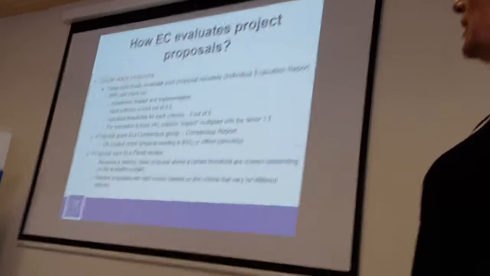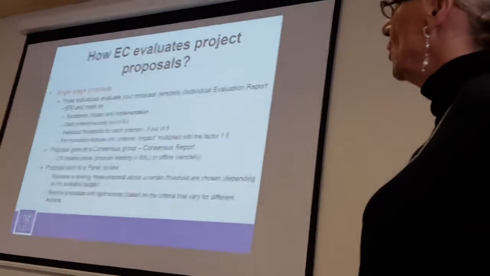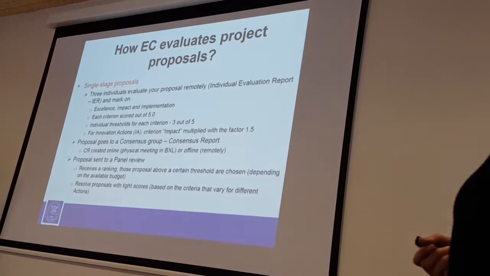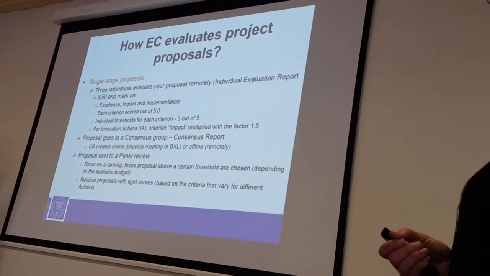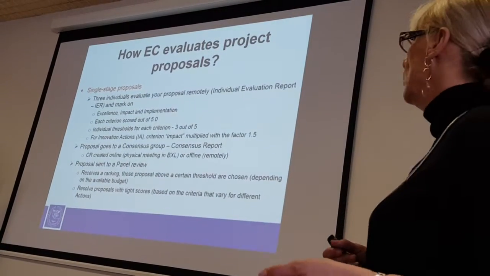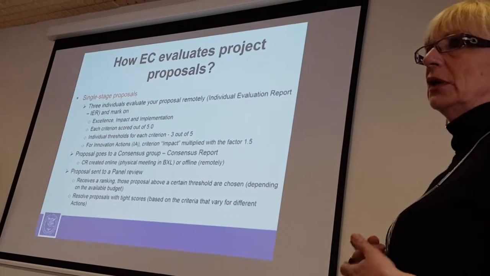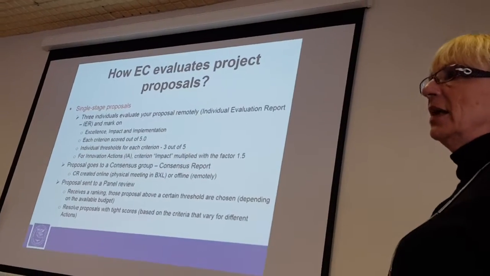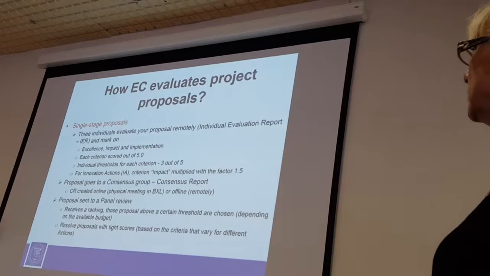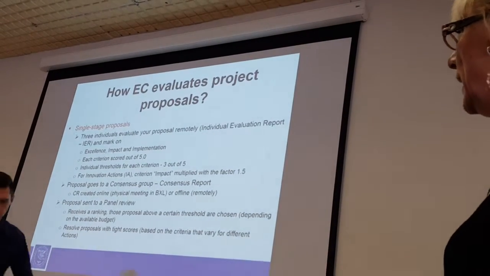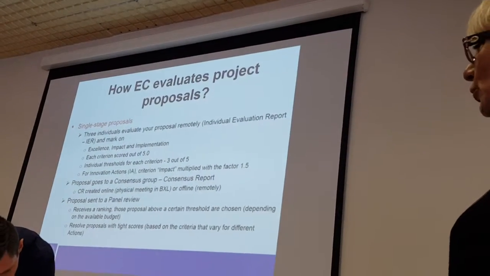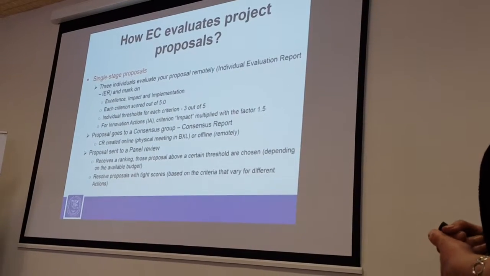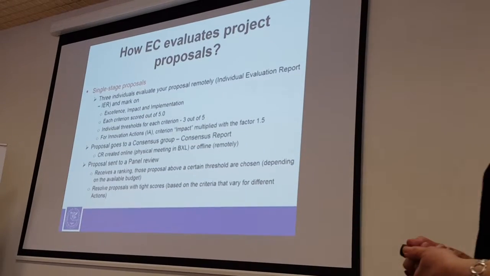This report is either created online and the evaluators are invited for a physical meeting to Brussels, or now more and more often the individual evaluators stay at their workplaces and the consensus reports are created offline, so remotely.